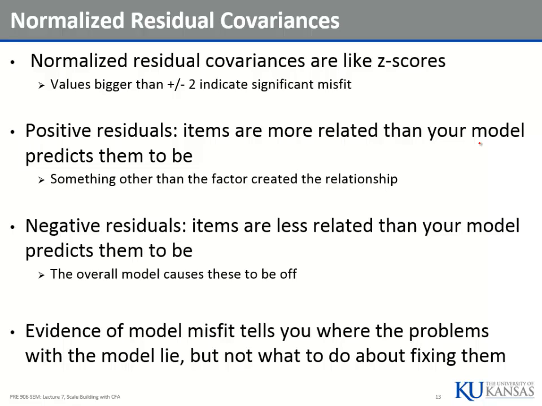Negative residuals are a little bit weirder. Items are less related than our model predicts them to be. And that's a discrepancy that happens when you look at a model and your results get pulled off because they're biased because of misfit. So you've got this negative residual.